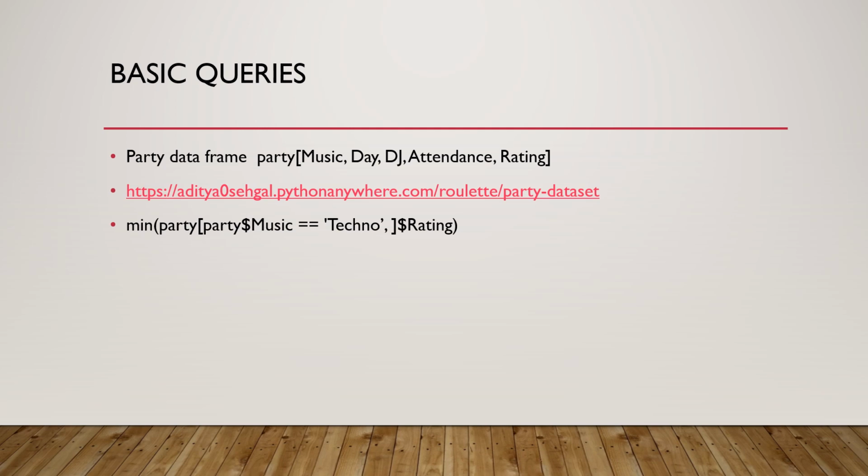And we only look at the subset, using the subframing construct here, of the techno music entries in the party data frame. Here, instead of minimum, is a mean rating of the techno parties. We can change techno to rock or to hip hop, and we can compare the difference between ratings. Are they higher or lower?